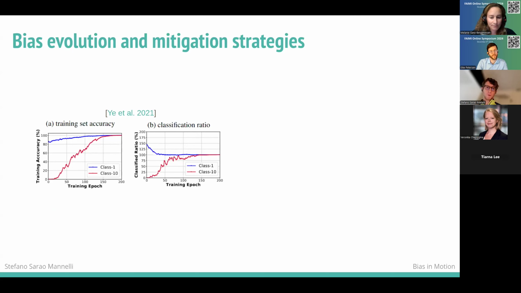You can see the performance conditioned on one of the two groups grows much faster, while the other takes longer to grow. So some mitigation strategies propose to just take one instance during training, try to estimate what the amount of bias is at that stage, and then restart training and use this information to mitigate bias.